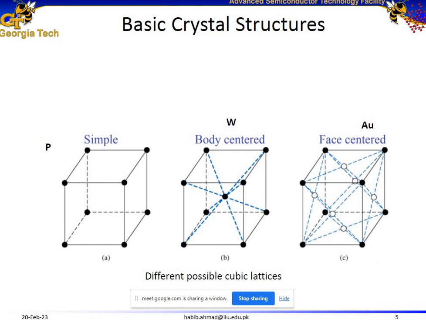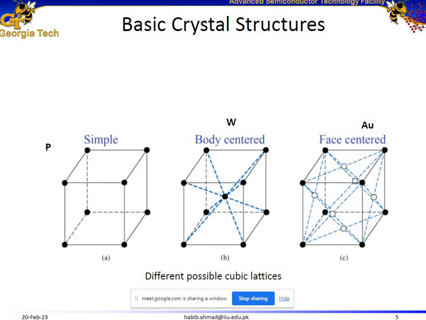So let me tell you one thing, and then I'm going to ask you a question. We know that a cube has 8 corners. In a simple cubic, it has 8 corners, then we have an atom at each corner, so it makes it 8 atoms in the simple cubic structure. Body-centered has an additional atom in the center of the cube. My question is, how many faces do we have for a cube?